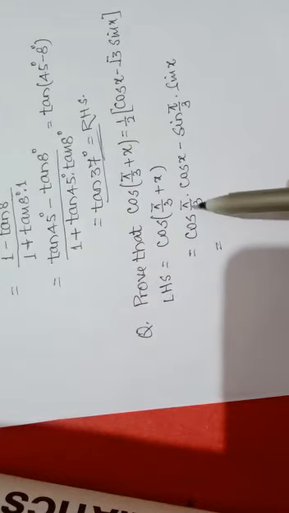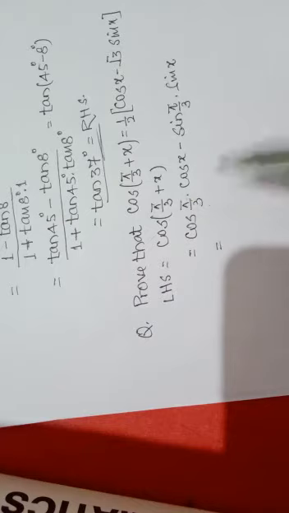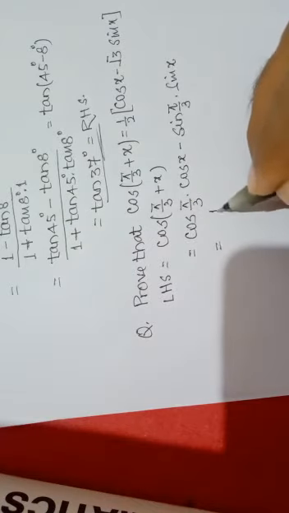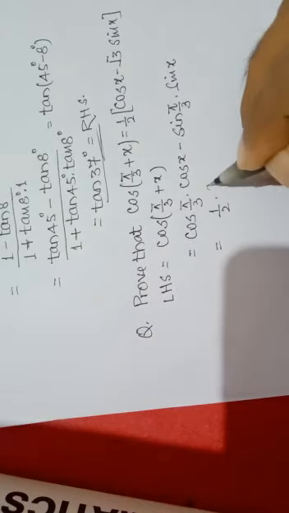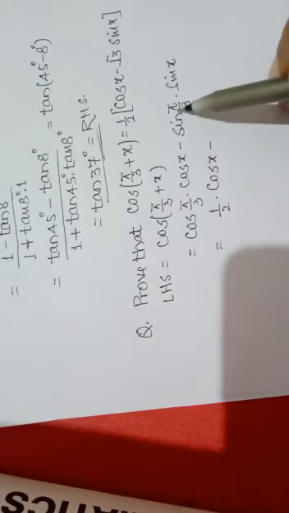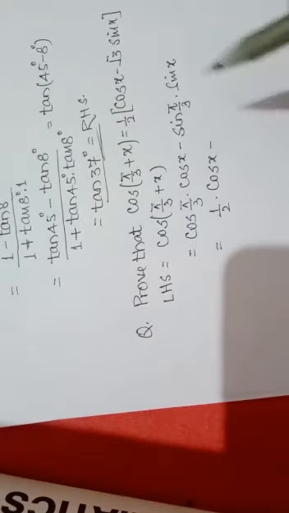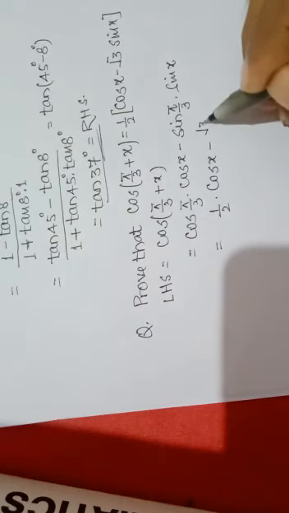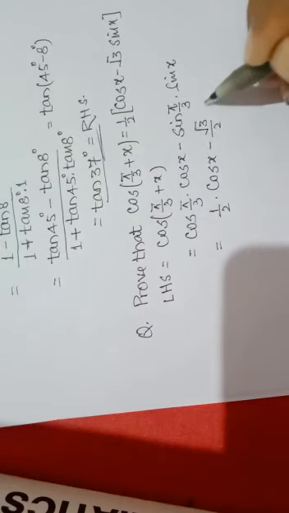Cos pi by 3 means cos 60 degree. Cos 60 degree is 1 by 2 into cos x minus sin 60 degree. Sin 60 degree is root 3 by 2. So it should be root 3 by 2 into sin x.